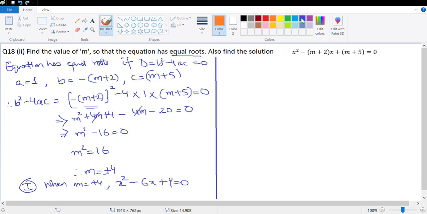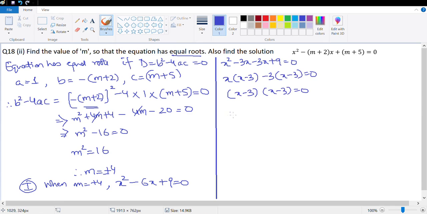So this gives us x squared minus 3x minus 3x plus 9 is equal to 0. X times x minus 3, minus 3 times x minus 3, is equal to 0. So this is x minus 3 is equal to 0, which means x is equal to 3. Both the solutions are giving us only one value of x, which is 3.